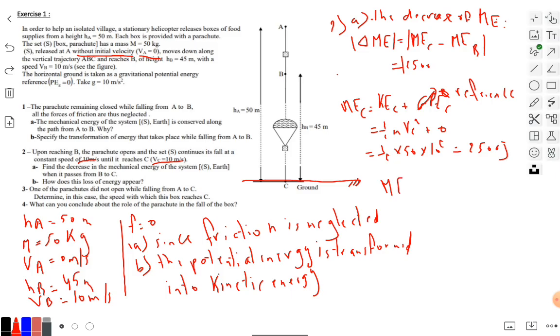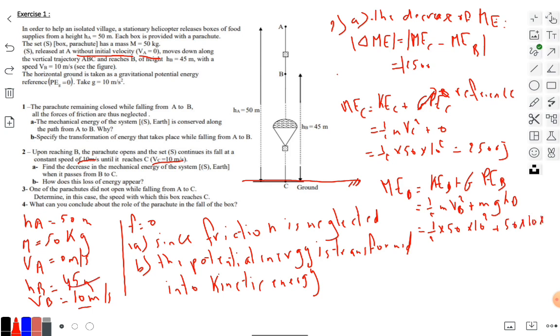Mechanical energy at B equals kinetic energy at B plus GPE at B, equal half m VB squared plus m g hB. So it's equal half times 50 times VB, equal 10, squared, plus m, it's 50, times 10 times hB, 45.